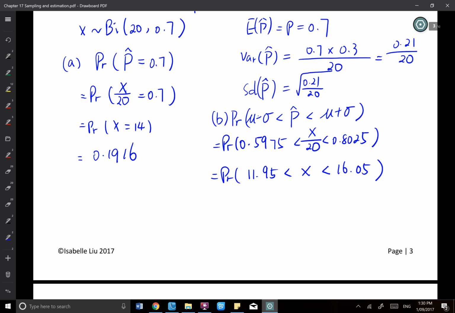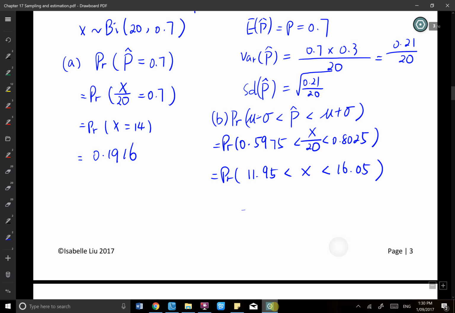Can you tell me what integers are actually inside that range for x? 12, 13, 14, 15, 16. You can't take 11. Even though that's 11.05, you still can't take 11. It must be the integers in between those two numbers.